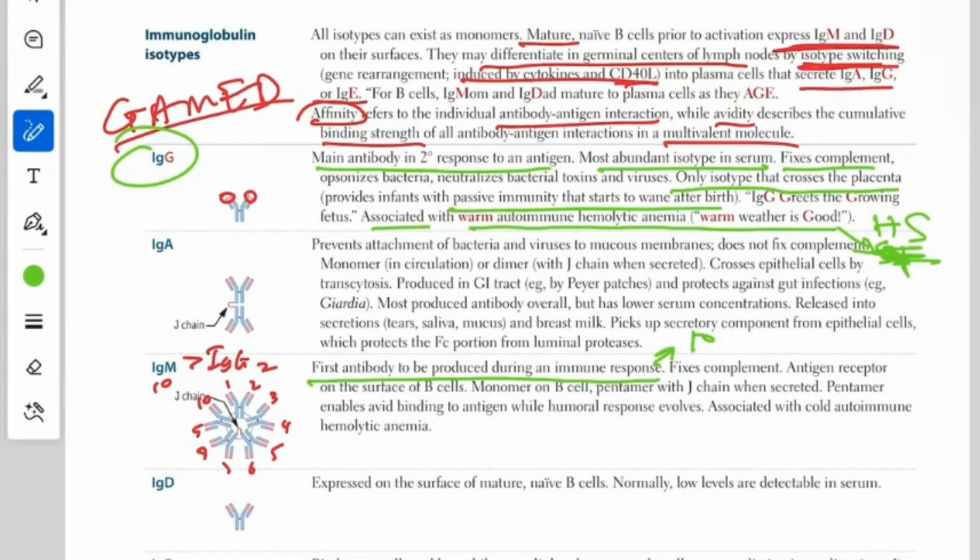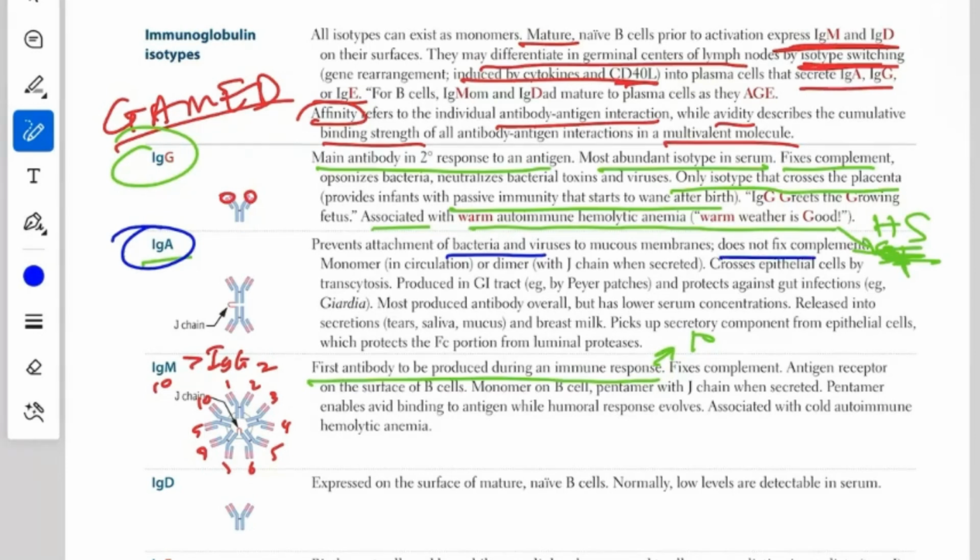Okay, so moving on, you have IgA. For IgA, just think of parasites. It protects mucosal surfaces, so against bacteria, viruses, parasites.